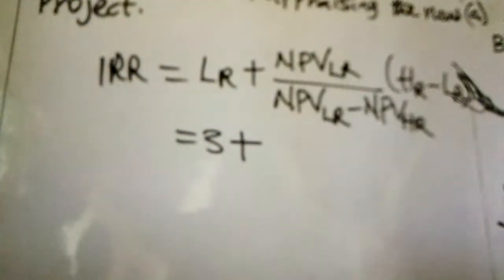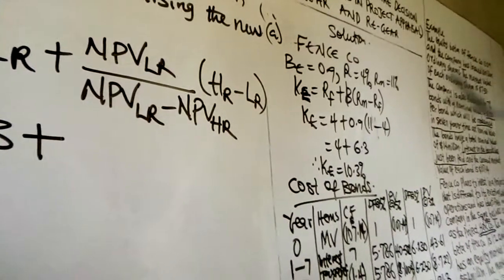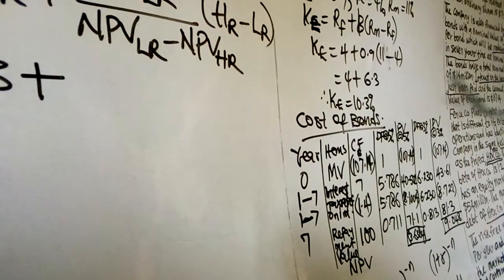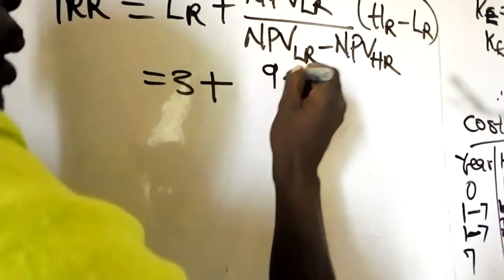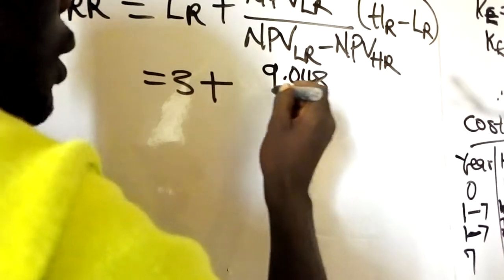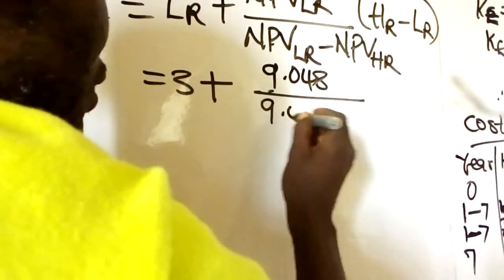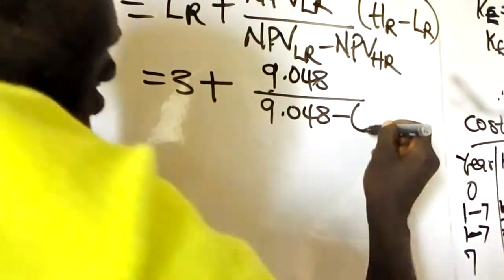So when the rate is 3%, we got a positive NPV of 9.048. So we have 9.048 over the NPV at lower rate, 9.048 minus NPV at higher rate.